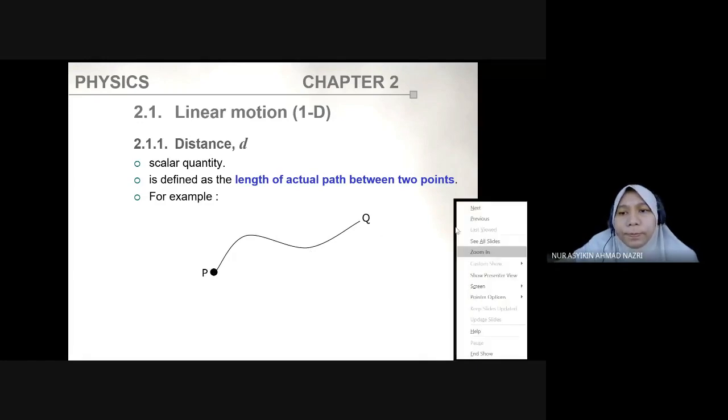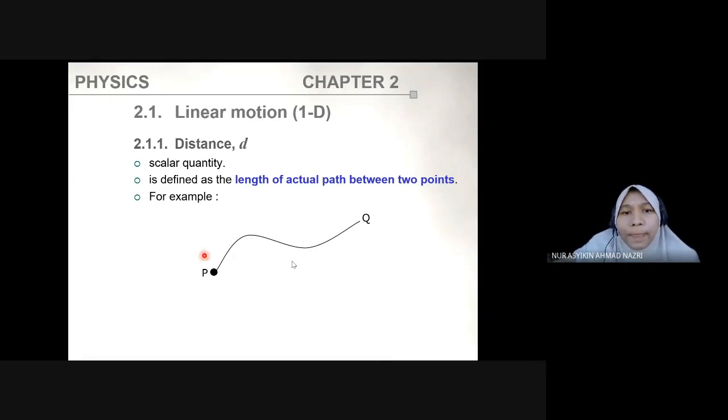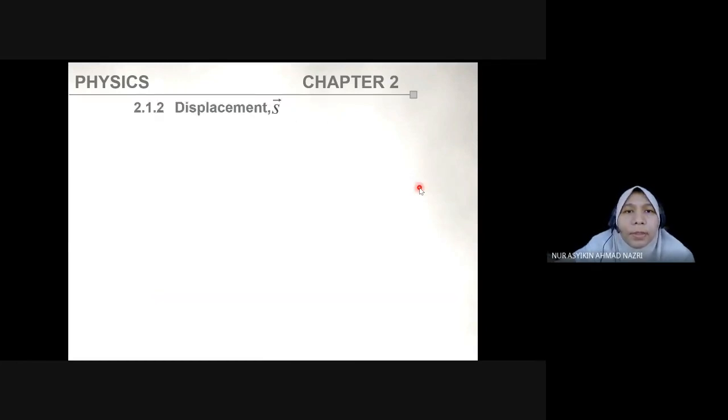It means that distance, we consider from point P to point Q, the actual path between two points. So that is distance. Alright. So given here 25 centimeter.